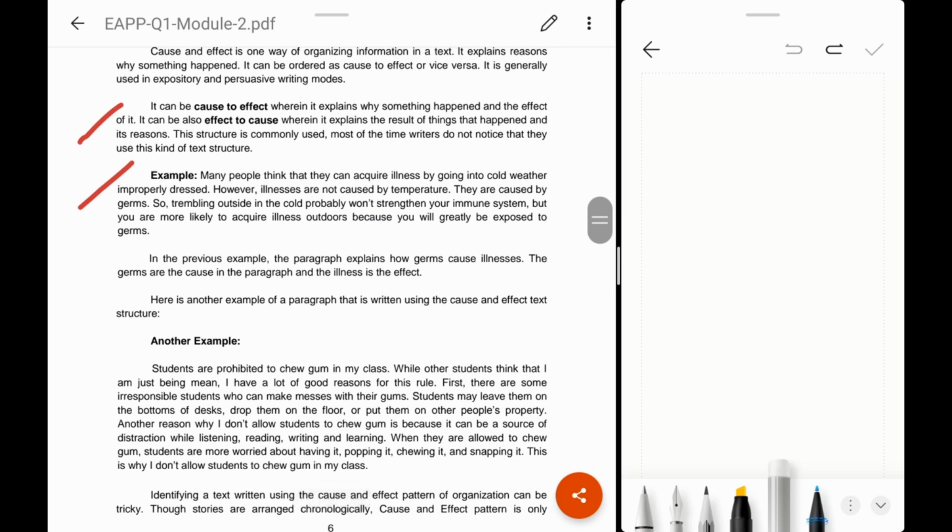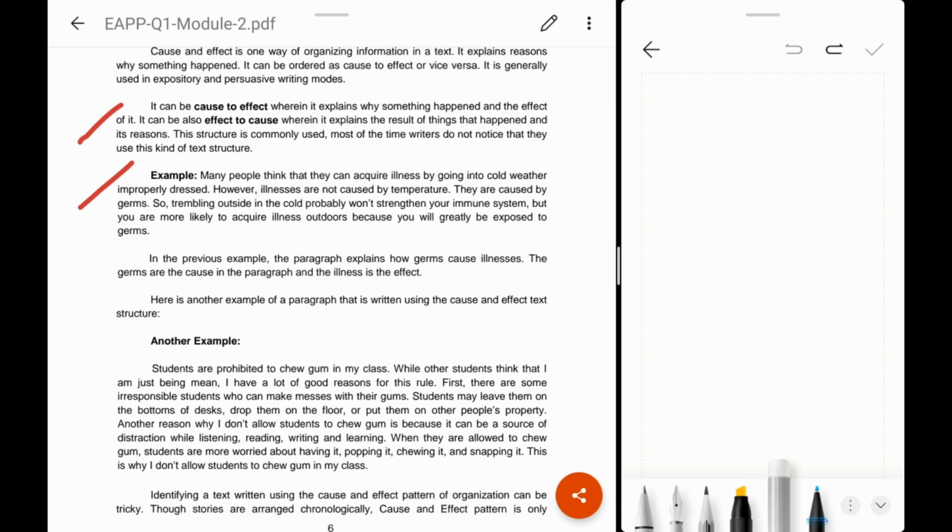In this paragraph, guys, it is very clear that the writer uses cause and effect. Why? Because he or she discusses how we get illnesses. Many people think, or many people expect, that we get illnesses when we are exposed to low temperatures.